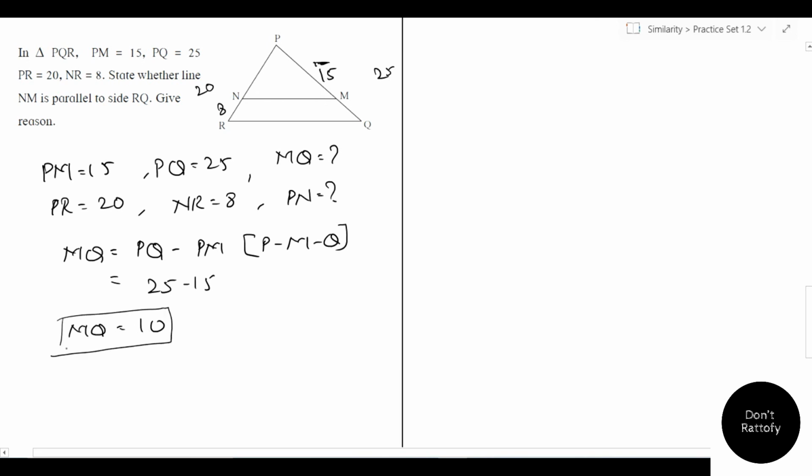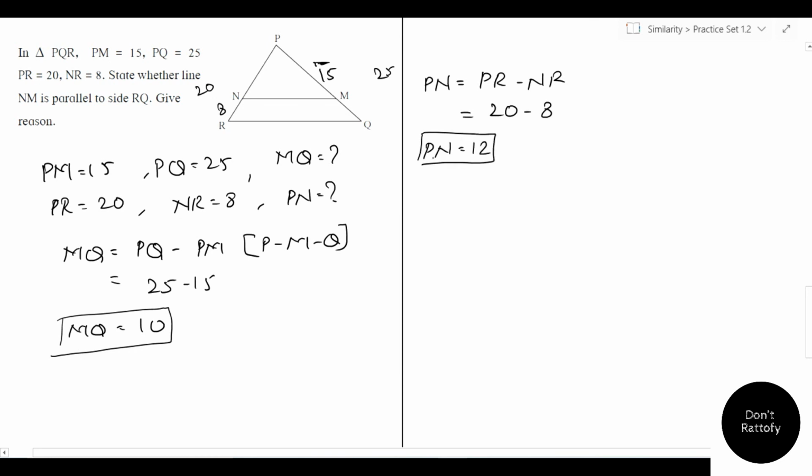Similarly, next I will find PN. PN is equal to PR minus NR. PR I have as 20 and NR I have as 8. So PN is equal to 12.